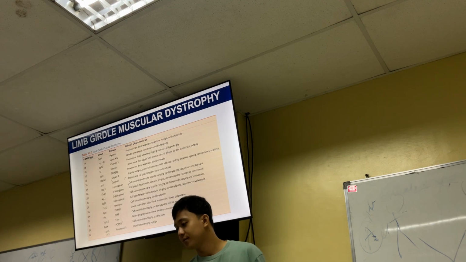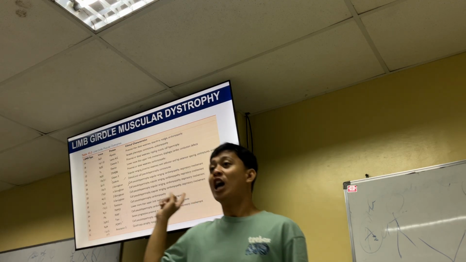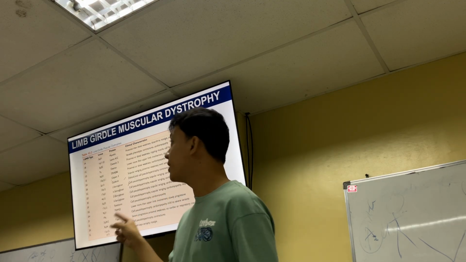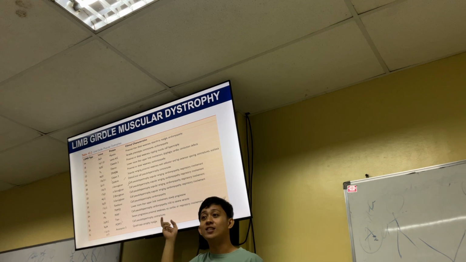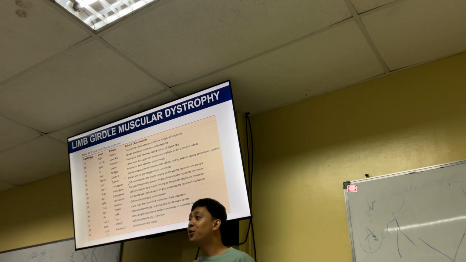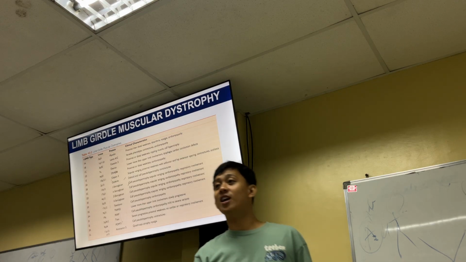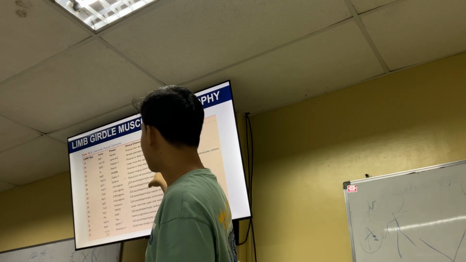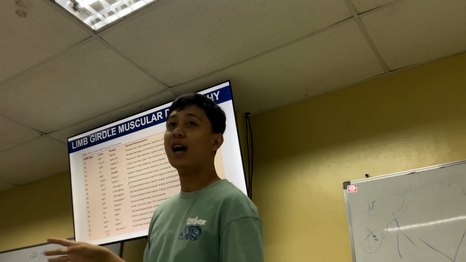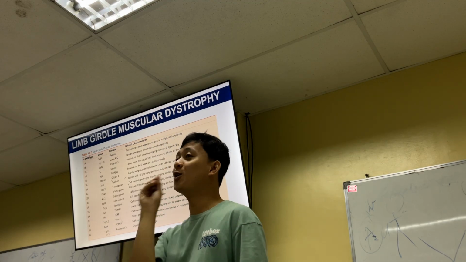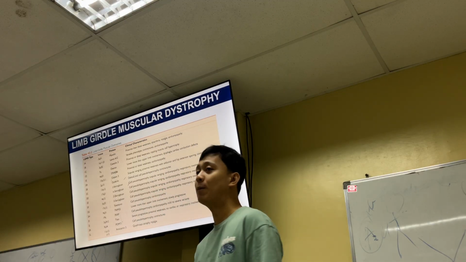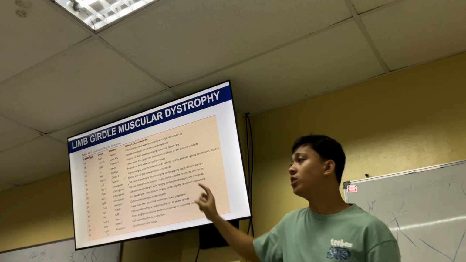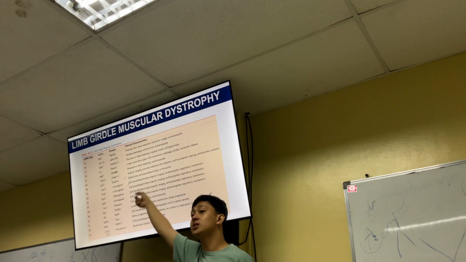Actually, if we talk deeper, each of the variants should be discussed. But it's too much for your panel to discuss, so it's your part to study this. Even in the books, they don't explain each of these.